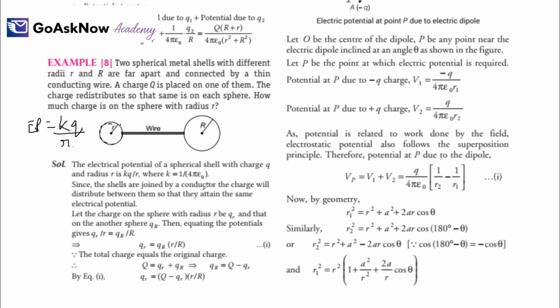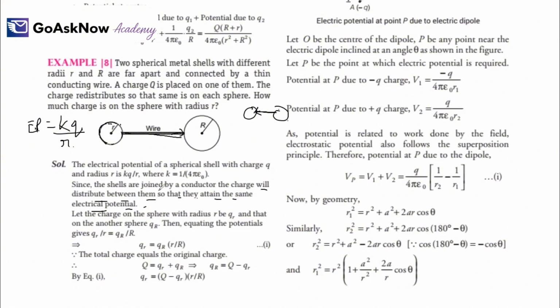And when the shells are joined by a conductor, the charge will distribute between them so that they attain the same electric potential. So if you join any two metal spheres or any metal conductors by a conducting rod, then it has the tendency to make their potentials equal at the equilibrium point. Okay, so their potential will become equal.